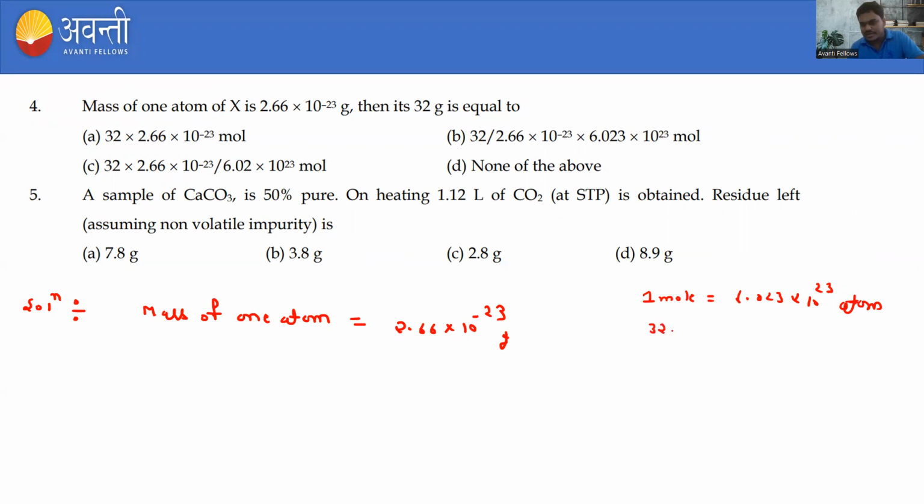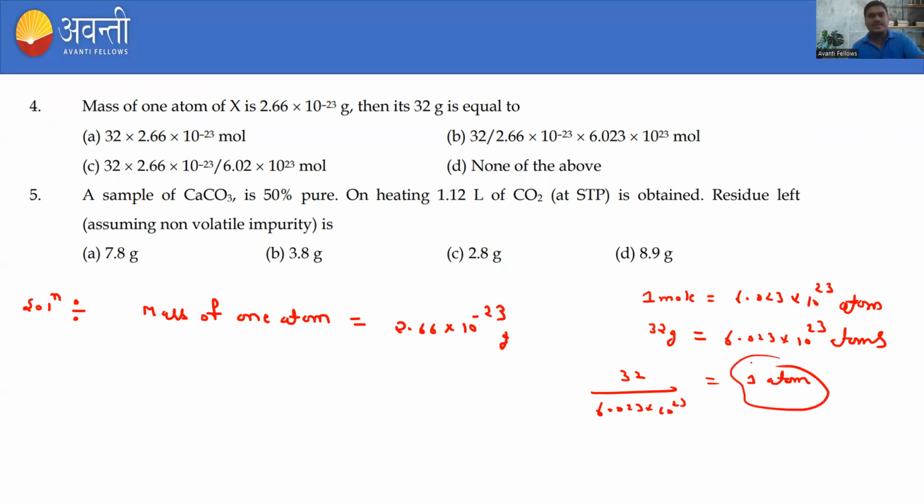So if 32 gram is equal to 6.023 into 10 to the power 23 atoms, then one atom has a mass of 32 divided by 6.023 into 10 to the power 23.